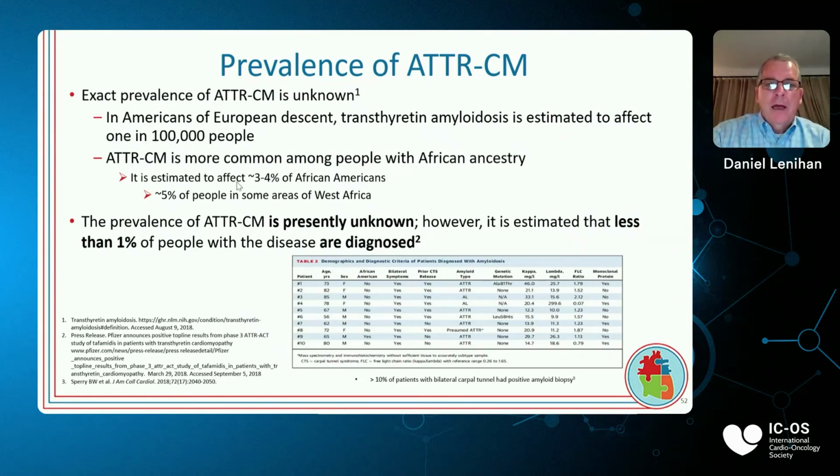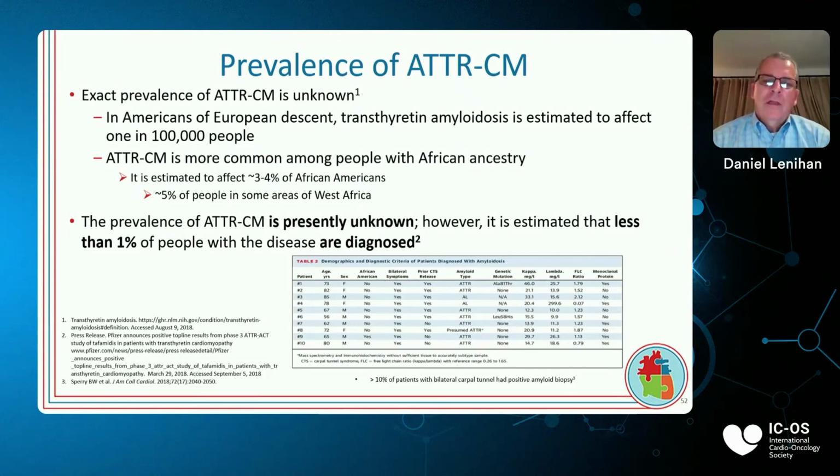In African Americans, it may affect 3 to 4% in terms of having a mutation, but whether or not they develop disease is still a question. And then in Americans of European descent, it looks as though amyloidosis may occur in 1 in every 100,000 people.